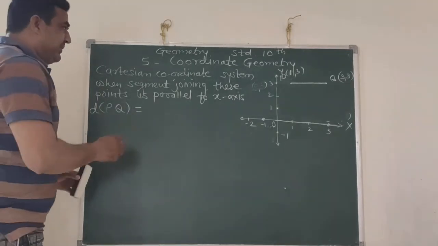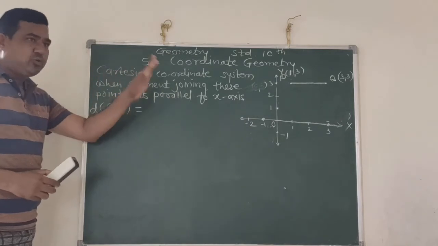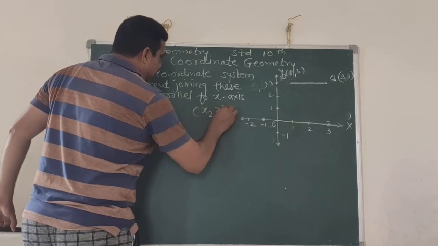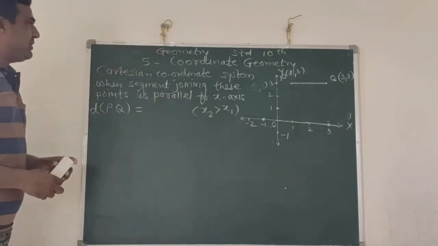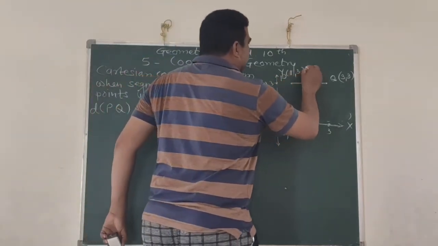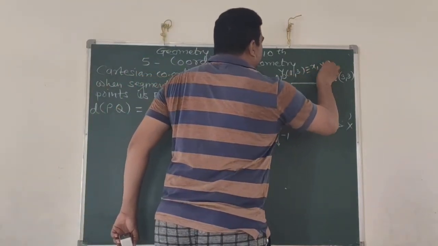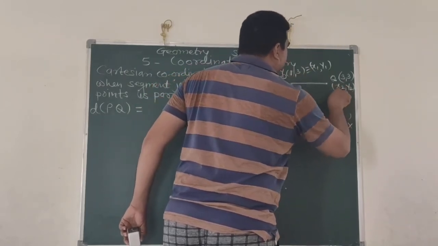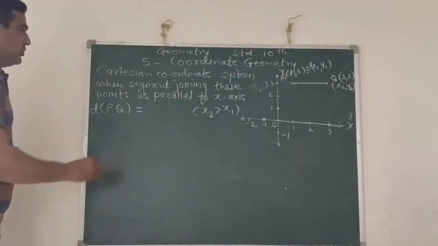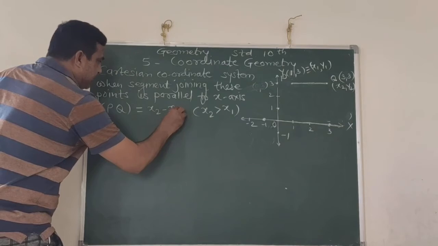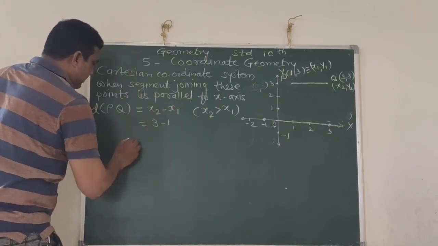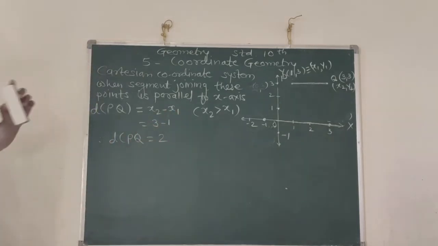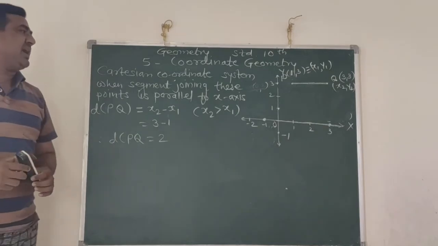So for that, again, when it lies on the x-axis or is parallel to the x-axis, you have to check which value is greater, and if x2 is greater than x1, then whatever coordinates, if I consider this as x1, y1, so x1 is 1, y1 is 3 here, x2, y2, x2 is 3, y2 is 2. So as x2 is greater, here it is x2 minus x1, so 3 minus 1. Therefore, distance PQ is equal to 2. In this way, when the segment joining these points is parallel to the x-axis.